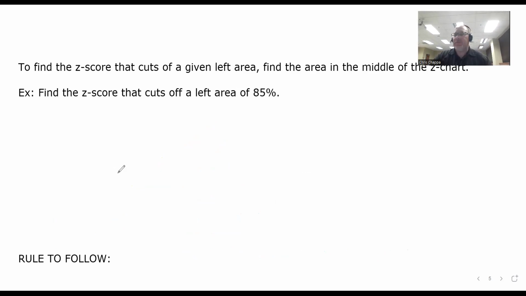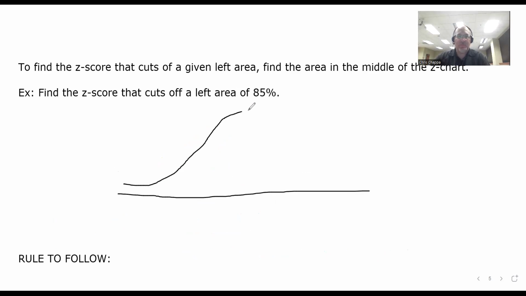Now, when you're doing these problems backwards, meaning that you start with the area and you find the z, stay focused. I want to find a z-score that cuts off a left area of 85%. Well, that's over half of it. So my z-score needs to be over here somewhere.